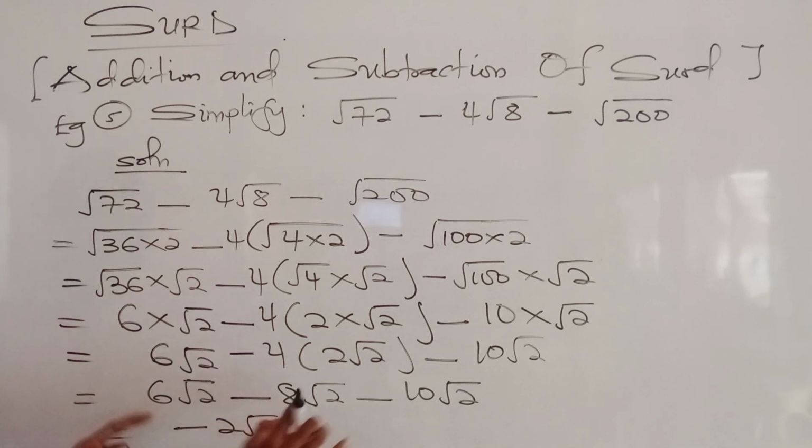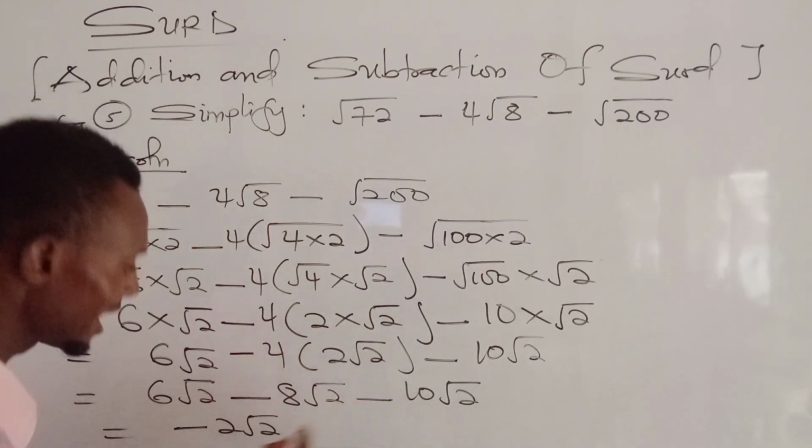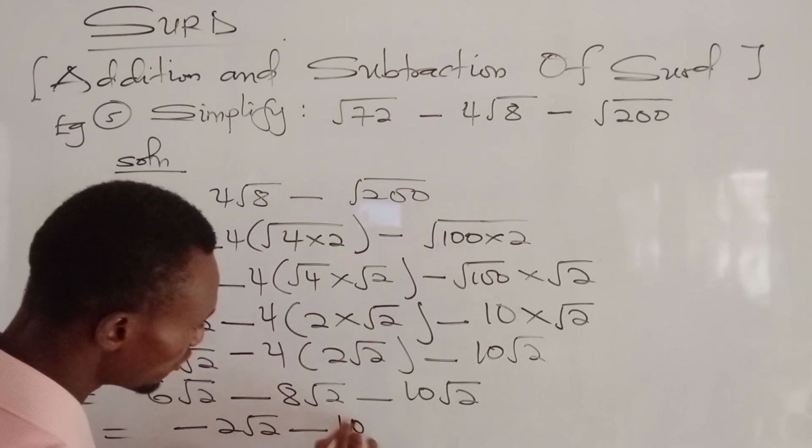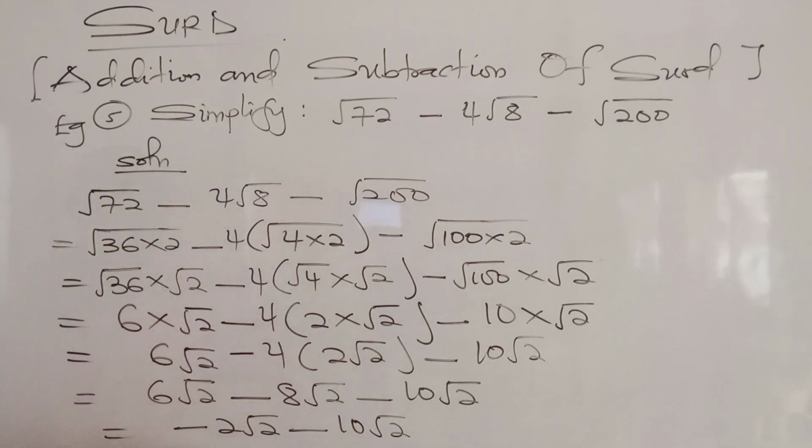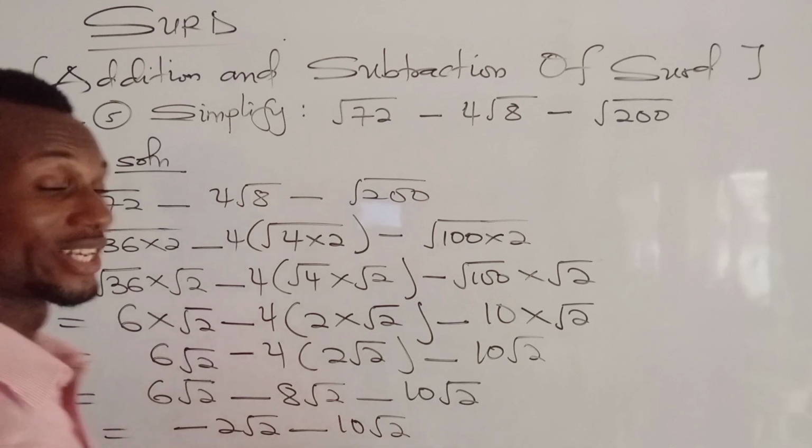You just deal with the coefficient, then pick one of the root 2 and attach it to it. Then let's bring the minus 10 root 2 that we have here. So 6 root 2 minus 8 root 2 gives the minus 2 root 2. Then you bring your minus 10 root 2, which is here.